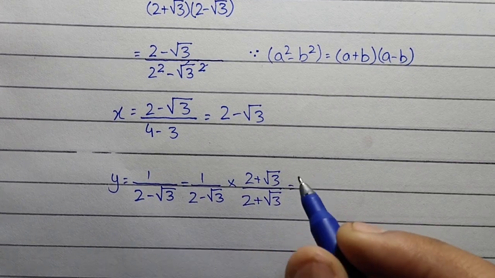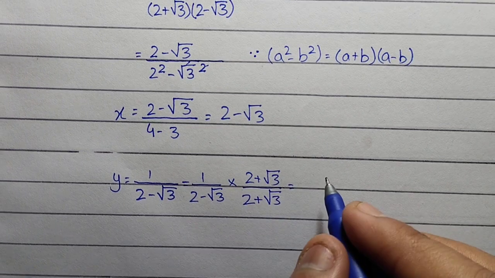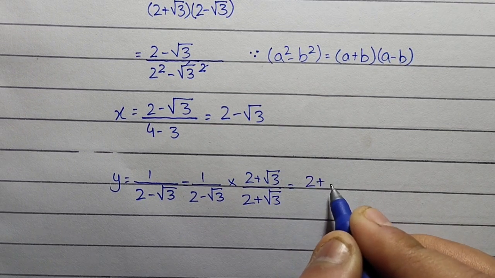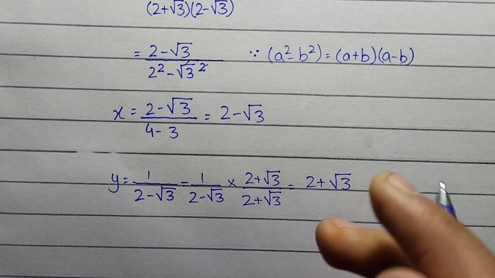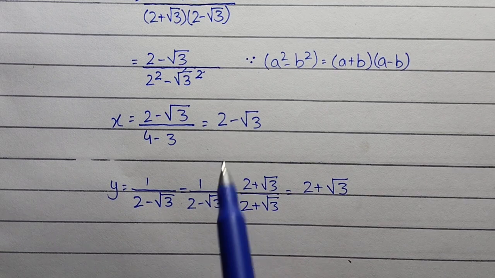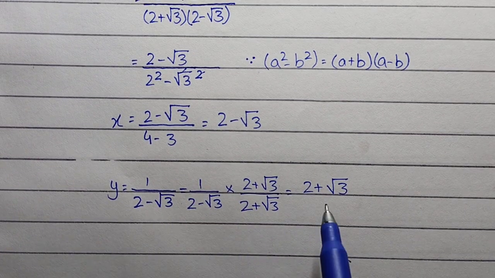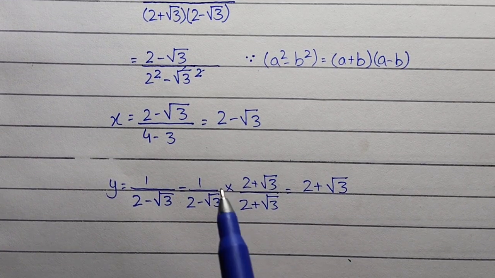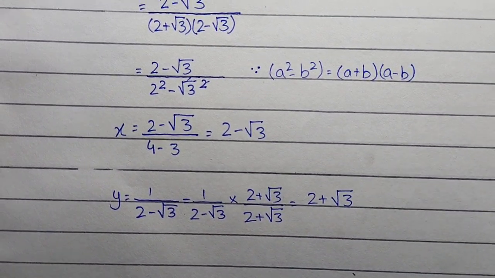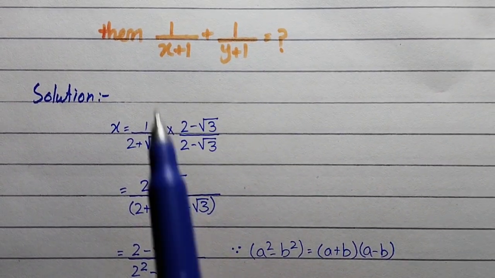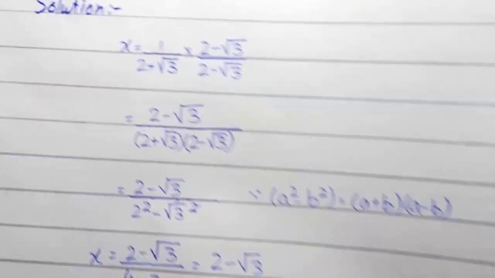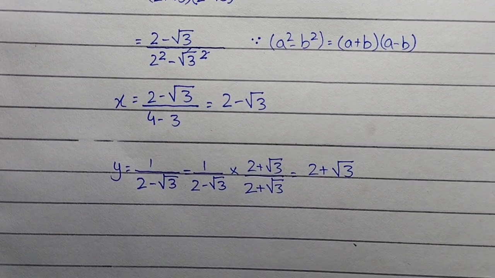In the same way, the value of y will be simplified as 2 plus root 3. In the same way we simplified the value of x, we have simplified the value of y. So now we are going to put these values of x and y into this formula.